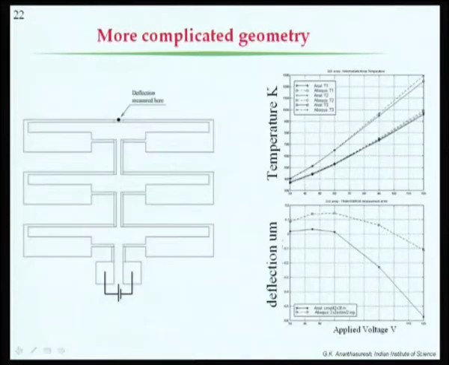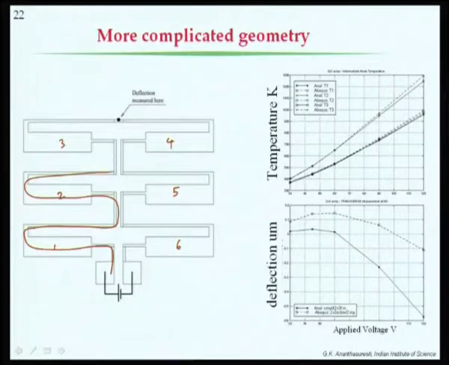But now, what if we have this array kind of thing that we had earlier? So, there are 1, 2, 3, 4, 5, 6 building blocks that are arranged, where the current will go like this and then go like this, goes here, goes here, goes here, and then comes back.